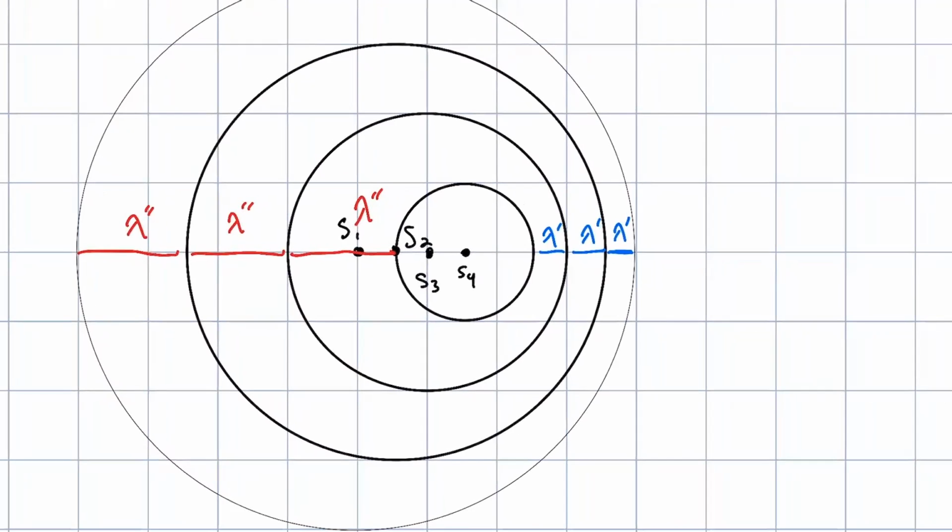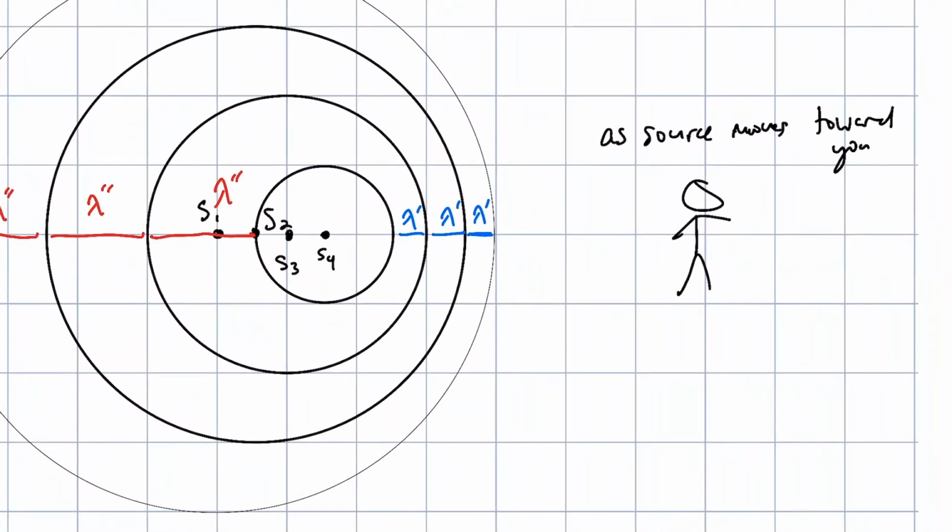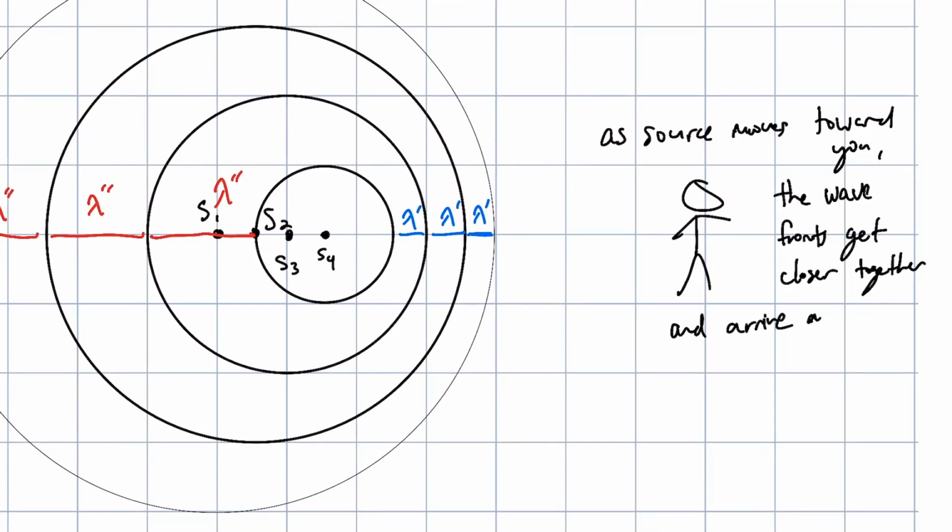So if you're an observer, right, if you're sort of standing off to the side somewhere, looking at the light coming from this light source, well, if you're over here observing it, now from your perspective, as the source moves toward you, the wave fronts get closer together and arrive at a higher frequency.